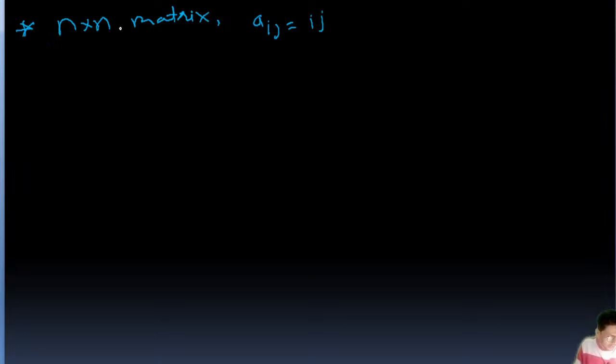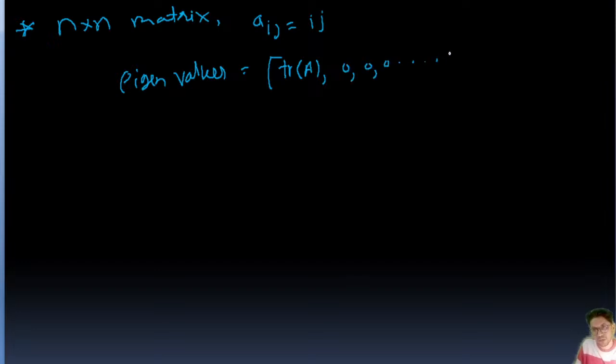In that case, the eigenvalues are going to be trace A, 0, 0, 0 and so on. The degeneracy of 0 is n minus 1, and trace A is going to be sigma n square, comma 0, 0, 0, n times.